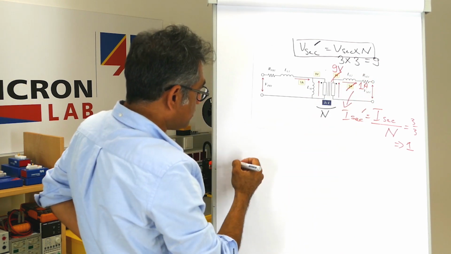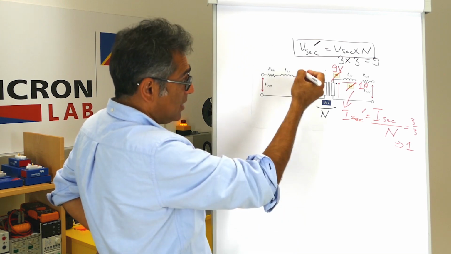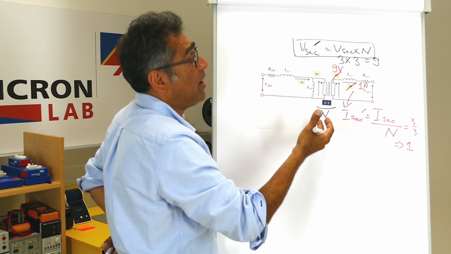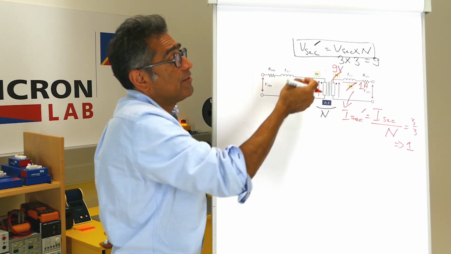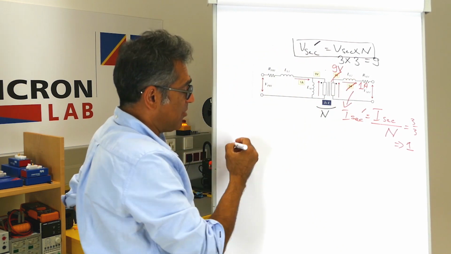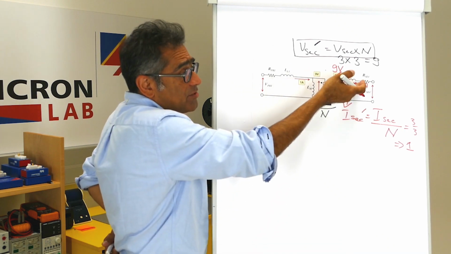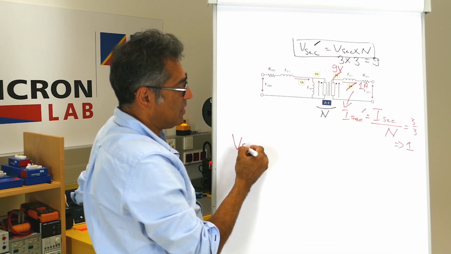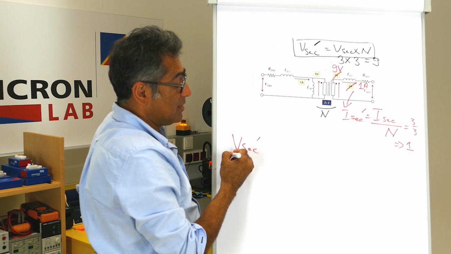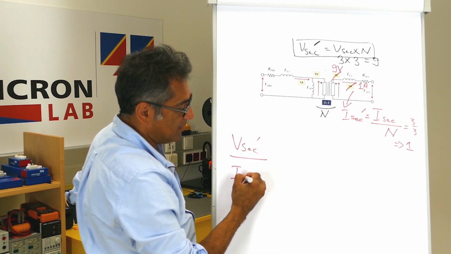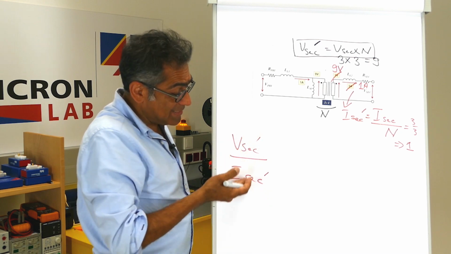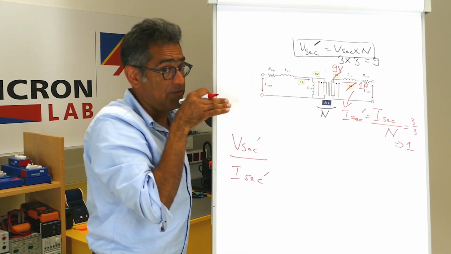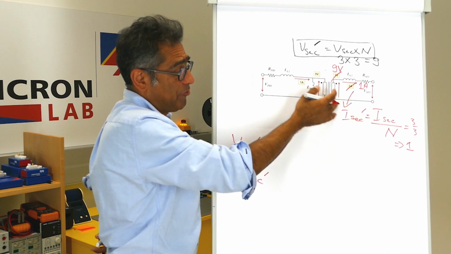We know that the impedance, in my case, is V divided by I. If I want to look at it from the primary side, the secondary voltage referred to primary is V sec prime divided by I sec prime, right? That is the impedance as seen from this side. That is the impedance referred to primary.